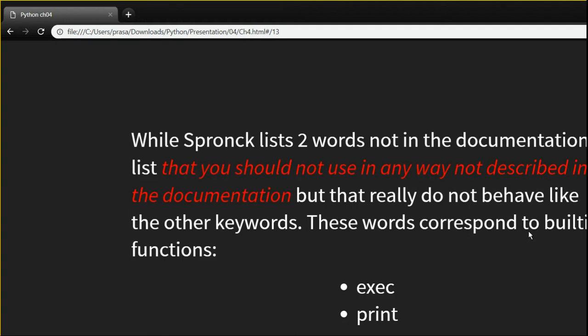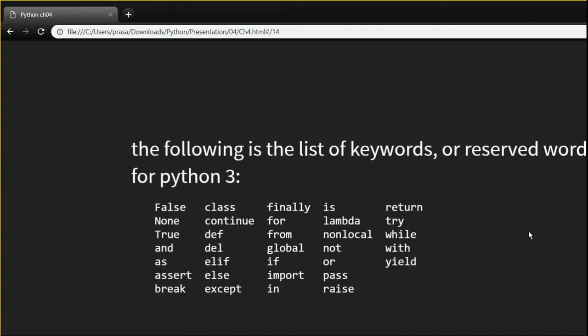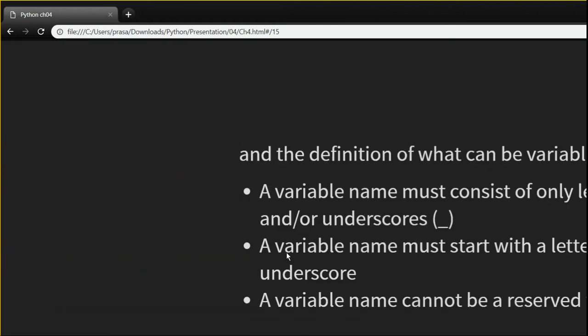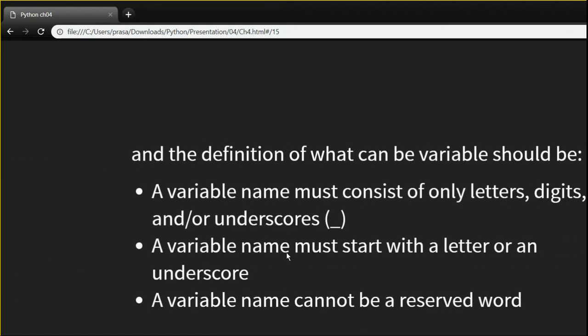There is another function called exec. You can assign it, but again, don't try it. These are some of the keywords in Python for your reference. You can also get them from the library function, which I show here. Yep, that's the same thing. Like I said, underscore, don't play with it even if you can.